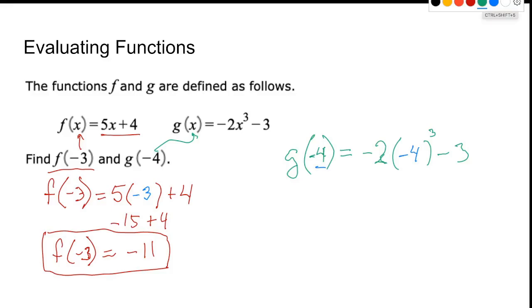So in this case, we're going to take negative 4 and cube it, so that's negative 4 times negative 4 times negative 4. It's going to be a negative number, and 4 times 4 is 16, times 4 more gives us 64. So negative 64. And we're going to multiply that by negative 2, and then we're going to subtract 3. Just following along in the order. So a negative times a negative becomes positive, and 64 times 2 is going to be 128.